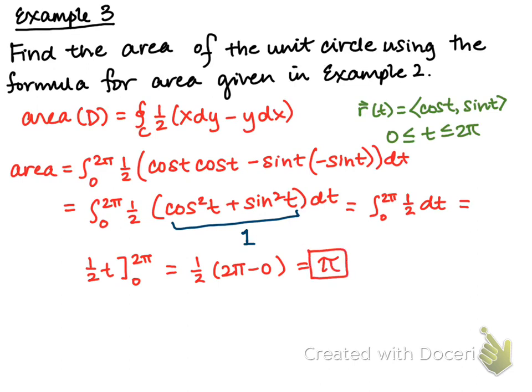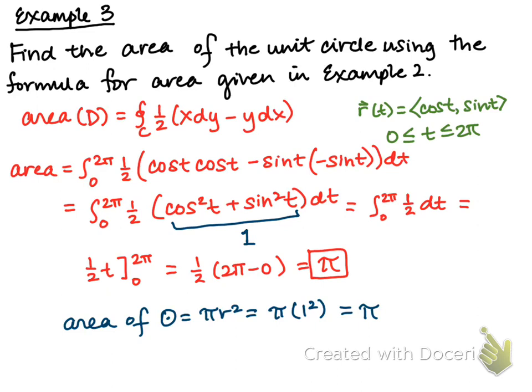And of course, we already know that because the formula for the area of a circle is pi r squared, and our radius for the unit circle is 1. And so I should get pi.